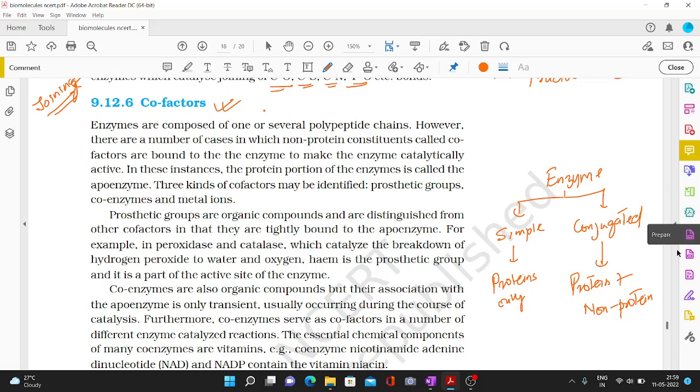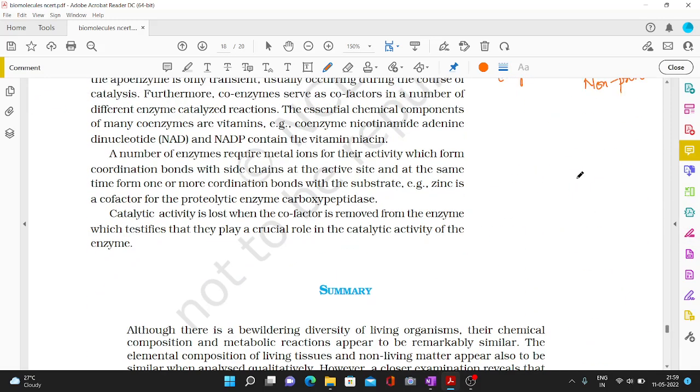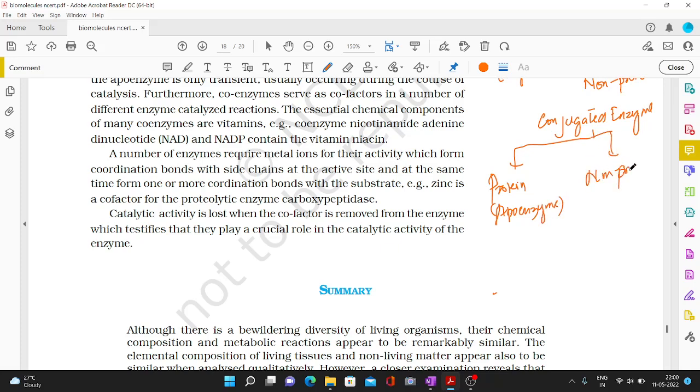Now, if we look at conjugated enzyme properly, the protein component of a conjugated enzyme is known as apoenzyme. This is the protein component. And the non-protein component is known as cofactor.